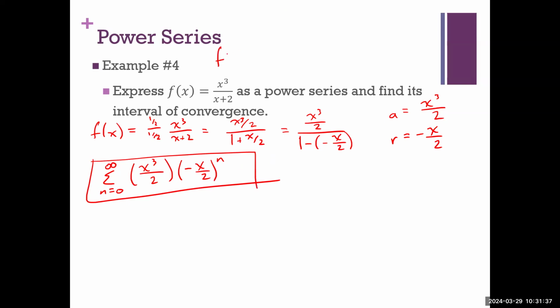But really, I think I can rewrite this. This is the same as x cubed times 1 over x plus 2, right? So basically, this function is exactly the same as the last one with x cubed multiplied by it. If that's true, then this power series should look exactly like the other one, except with that x cubed multiplied by it.